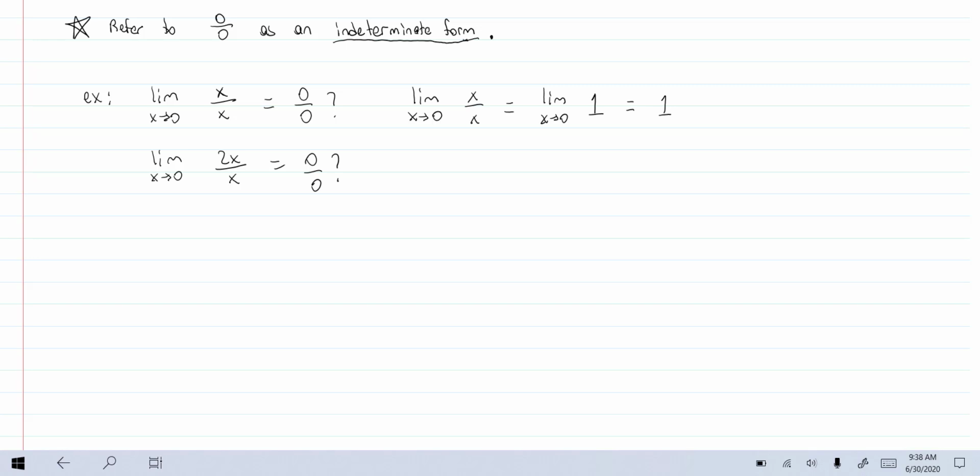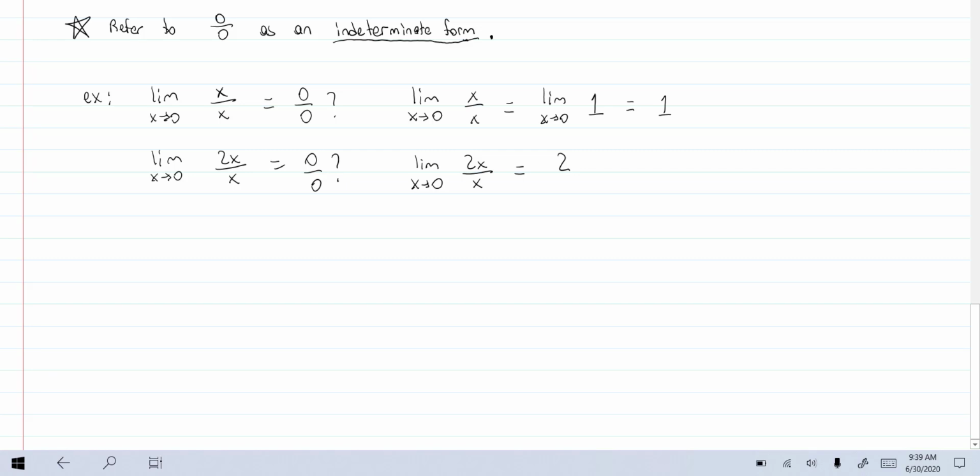It's just going to be always equal to 1. And similarly, when we're looking at the limit as x approaches 0 of 2x over x, same thing, if you cancel out the x's, you just find the answer should be equal to 2. And of course, I could have changed this number 2 to any other number, and then I would have gotten a different answer for the limit. So if I had 3x over x, it would be 3, and so forth.